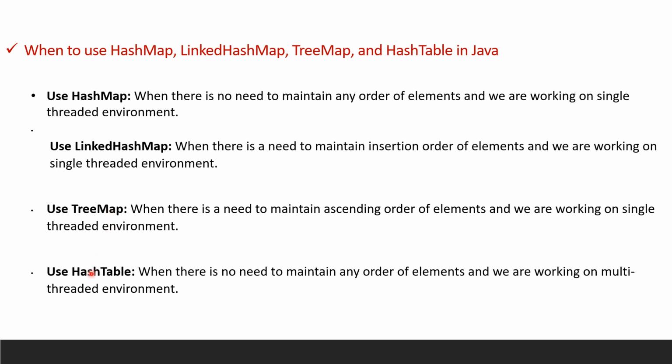And Hashtable is the synchronized one in Java. When there is no need to maintain any order of the elements and we are working in a multi-threaded environment, we use Hashtable. The other three are for single threaded environments.